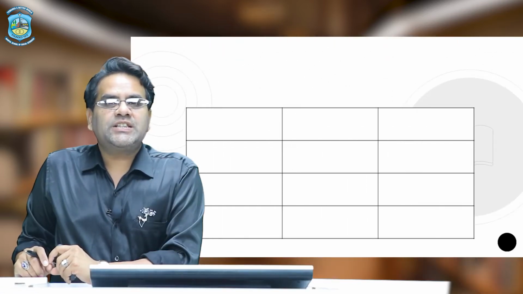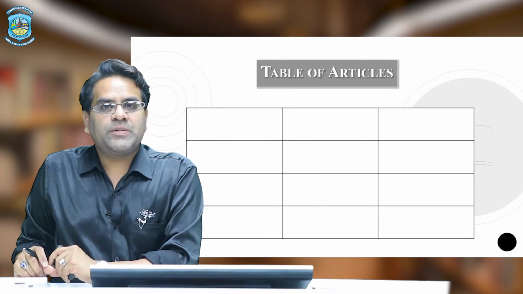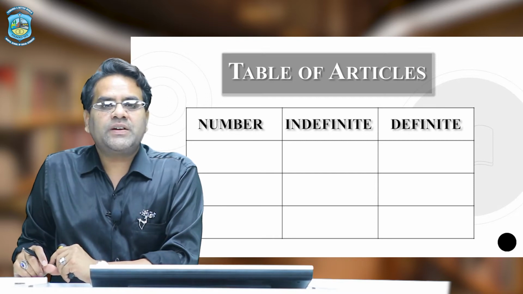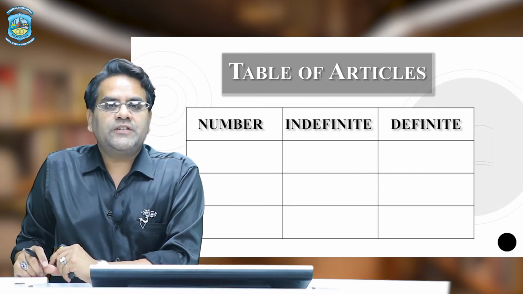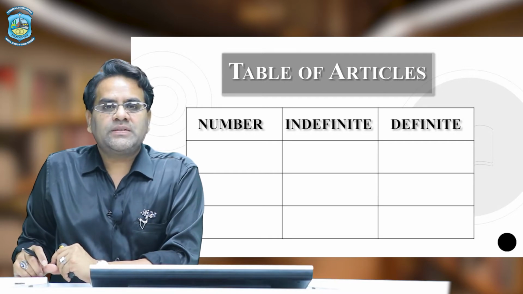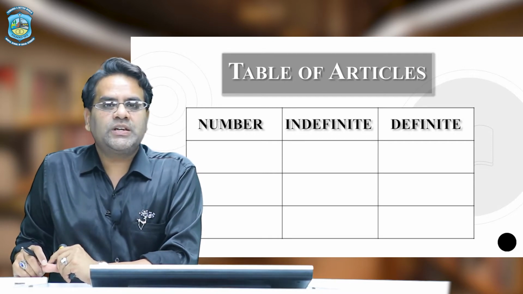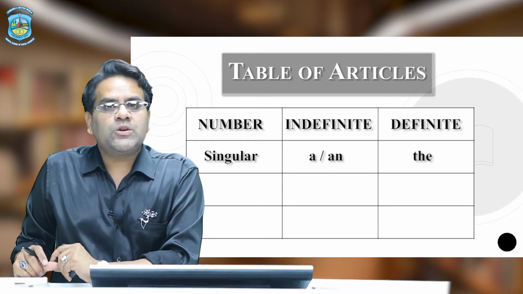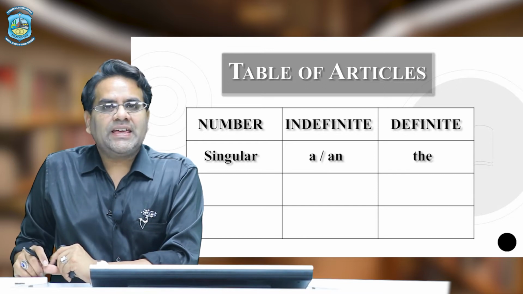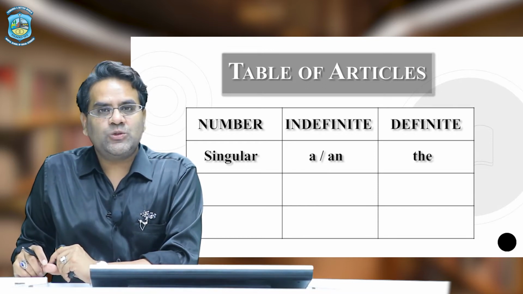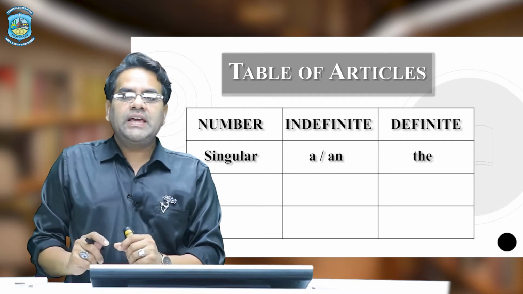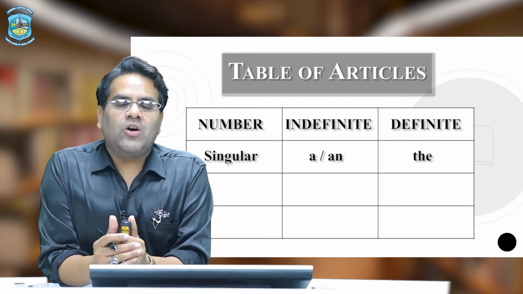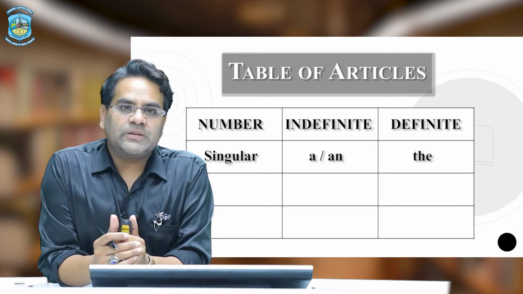In this part of the slide, we'll be talking about the table of articles. Look at this table on your screen. There are three different columns. The first column consists of number, the second one the indefinite use of articles, and the third the definite use. In the singular form, we consider a and an as indefinite use, and we consider the as a definite article.